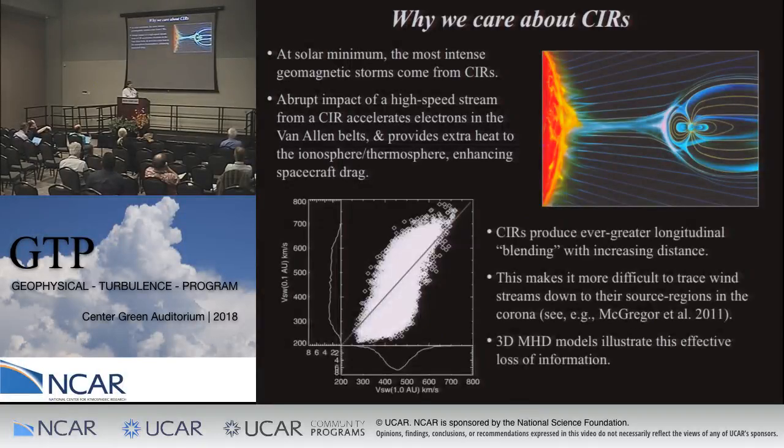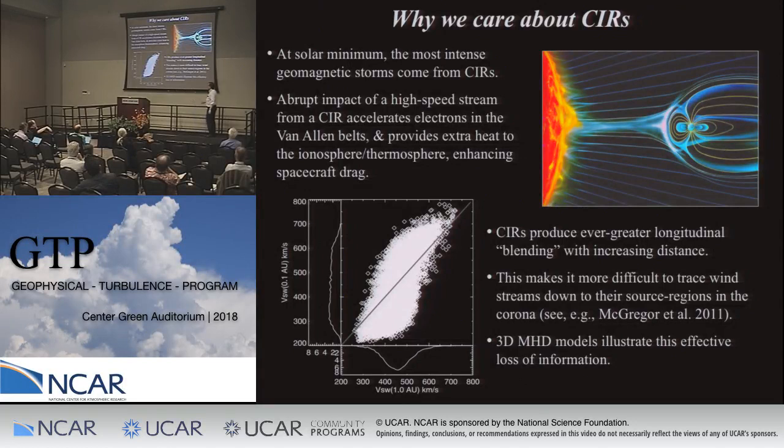But one of the other practical problems that CIRs create is that they make it more difficult to trace the magnetic field lines back down to the sun to find out where the solar wind came from, right? Because there's an inherent loss of information as these streams collide with one another. It makes it much more ambiguous to try to trace the streams back down.